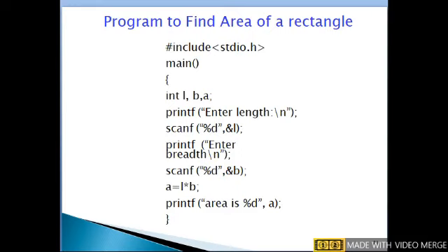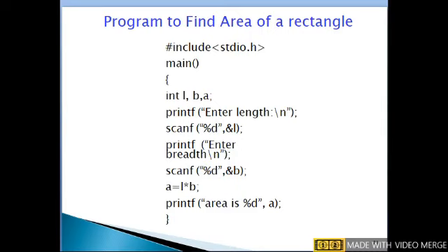These three variables are declared. L is to store the length of a rectangle, b is to store the breadth of a rectangle, and a is to store the resultant value, the area of a rectangle.